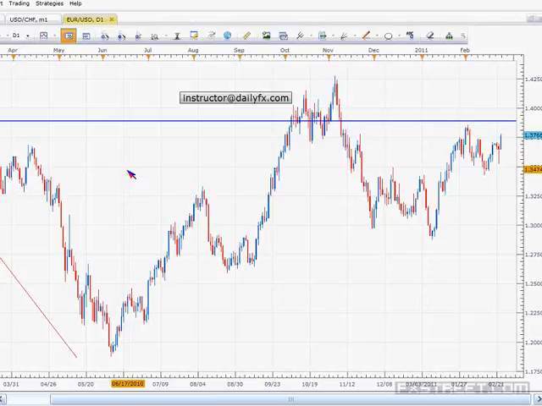So what I'm doing is I'm drawing a line to essentially measure from this low point to this high point of that wave, and then I'm just simply going to apply it to the beginning of this wave that we're on right now. Look what happens, guys. The length of this wave right here would be equal right at the 786 retracement level.